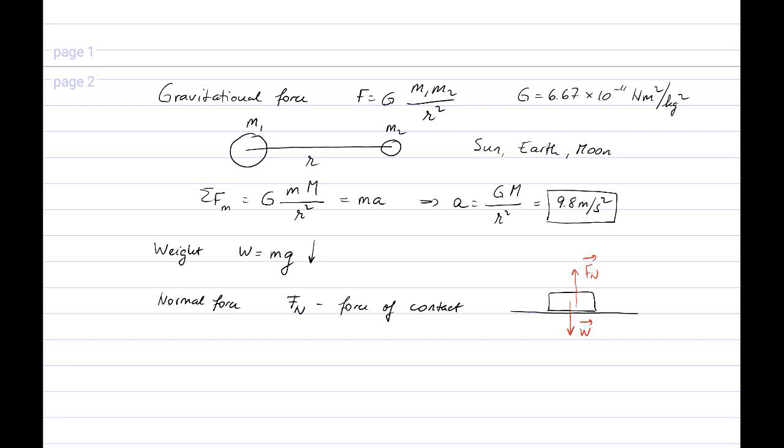So I'm trying to draw these forces at the point where they're actually acting. For the weight, it's acting at the center of mass of the object. For the normal force, it's acting at the surface of the block. So that's why I start my vectors where I do. There's a reason for it. Now, of course, by Newton's third law, every action has an equal and opposite reaction.